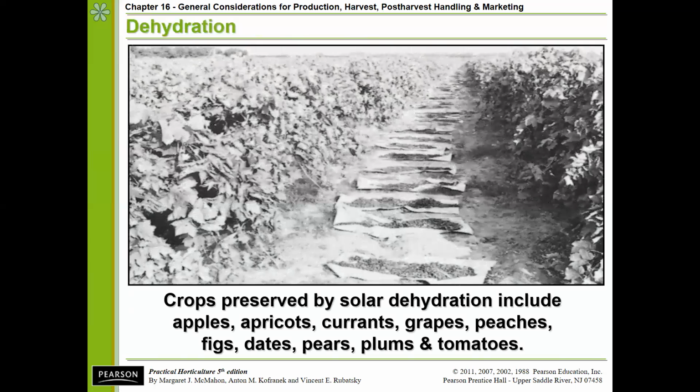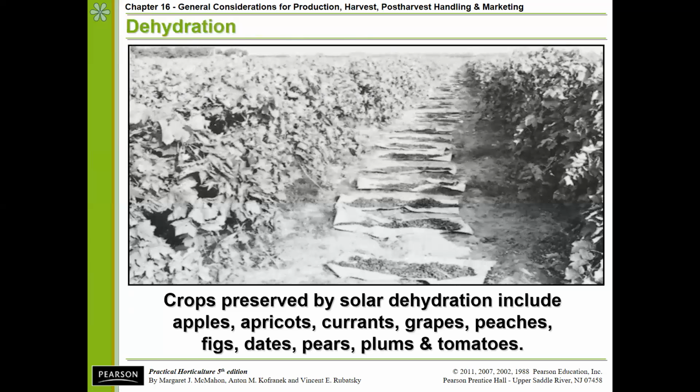Here's just a pretty poor image of some solar dehydration occurring right in the field. Of course, you can only do this in bright, dry areas, often in more arid parts of the country and world.